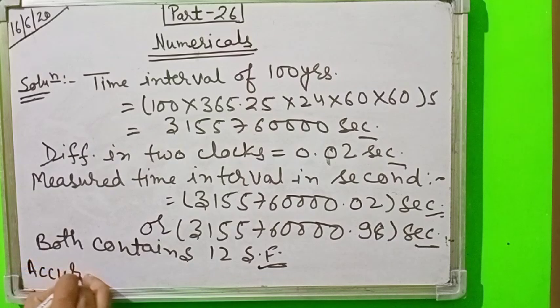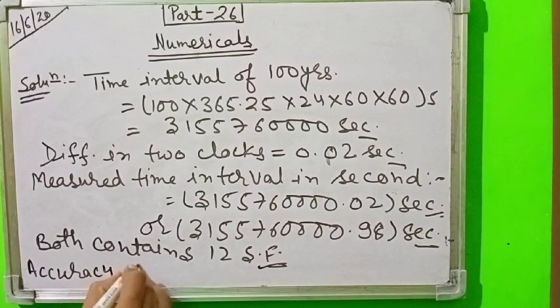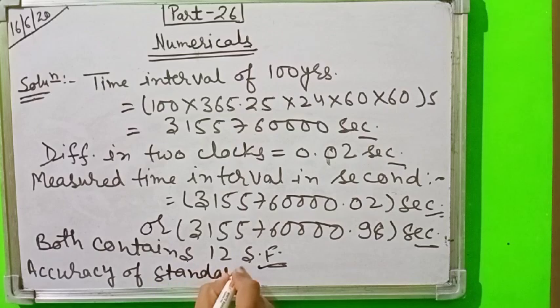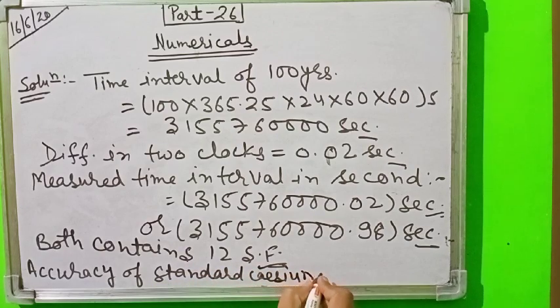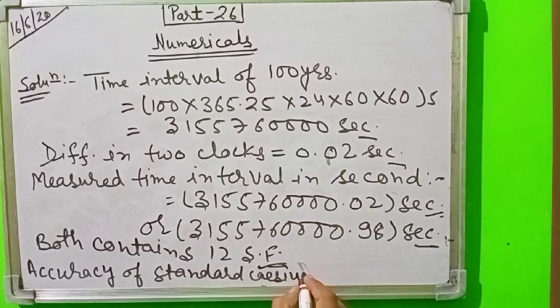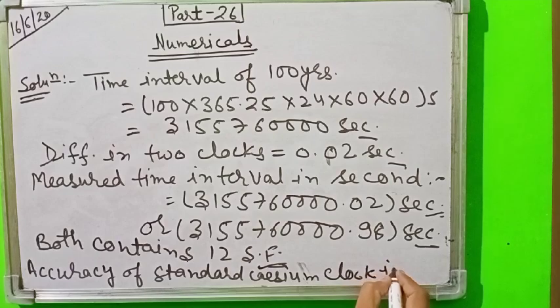cesium clock is an accuracy of 1 part in 10 to the power 11 to 10 to the power 12.